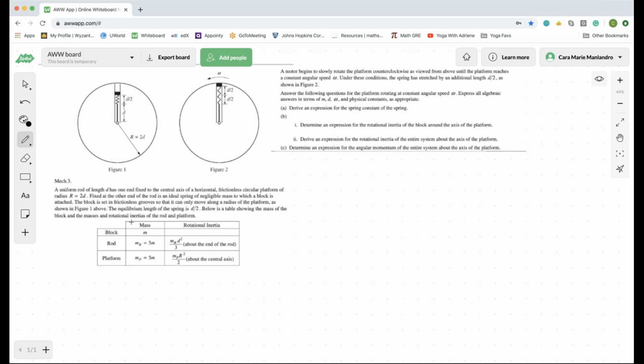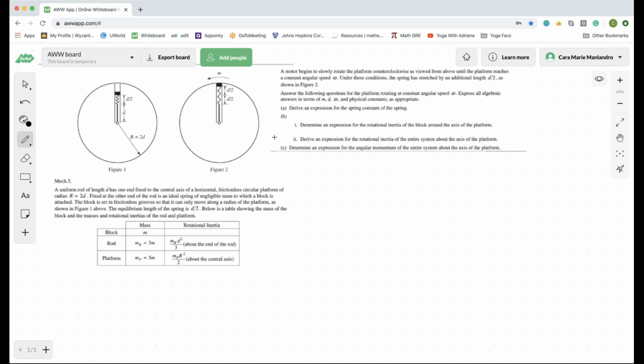It's going to move along the platform with some radius. It's going to go around in a circle. Equilibrium length of the spring is d over 2. And we have some data that we might need. The motor is going to rotate the plate counterclockwise, and then we have a constant angular speed.